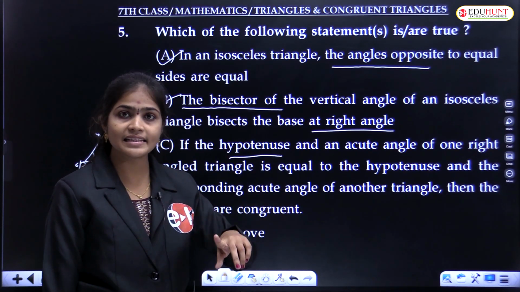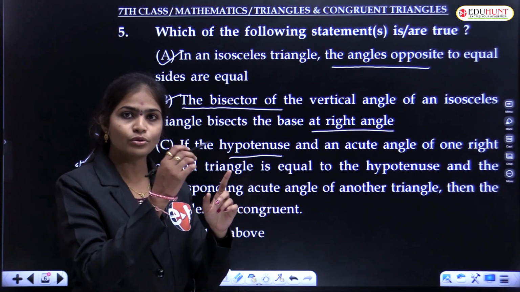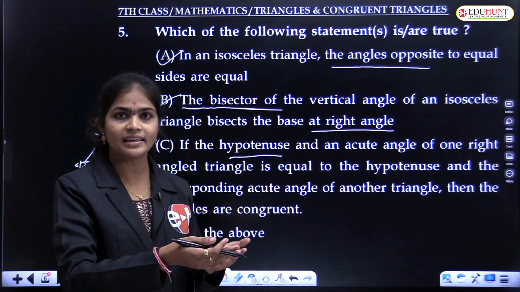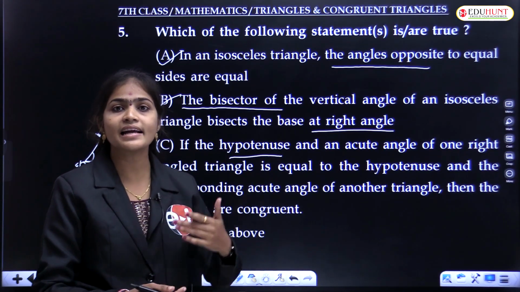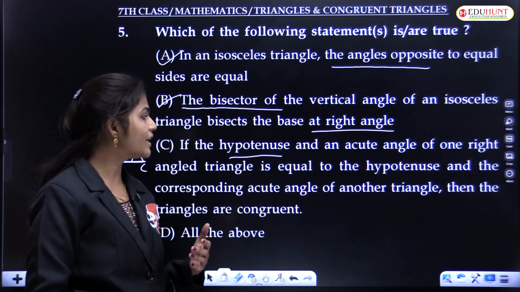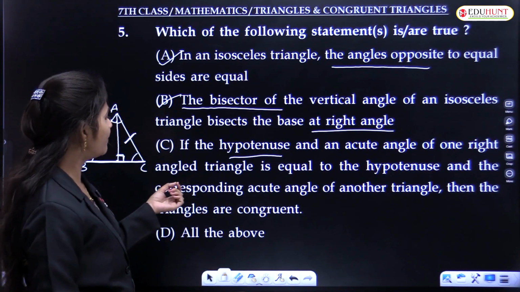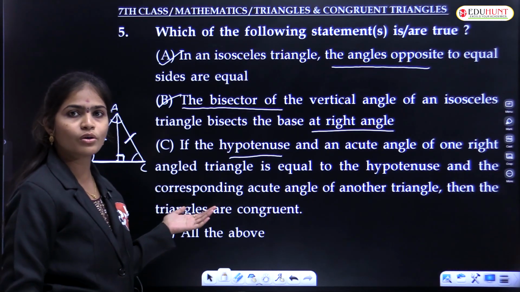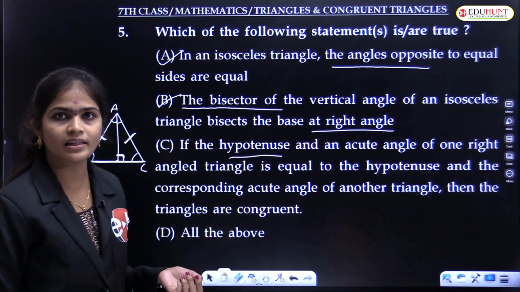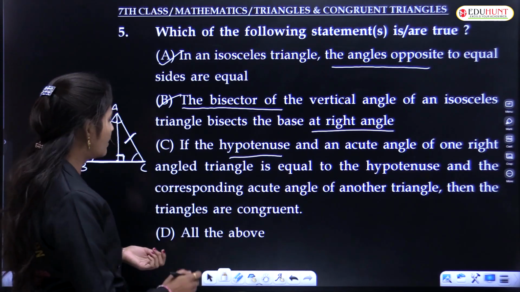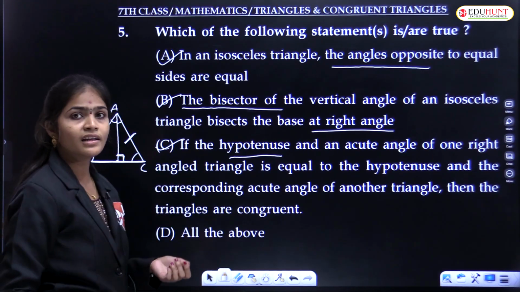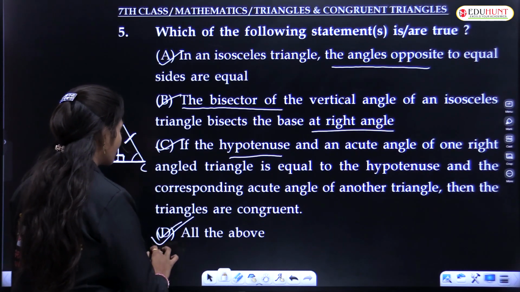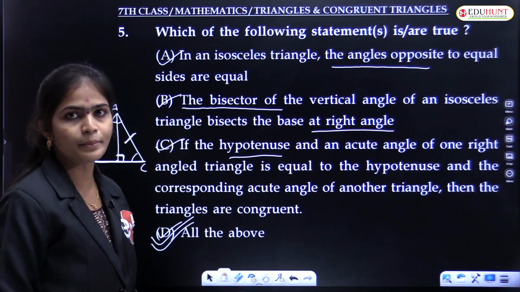According to RHS, they have the same hypotenuse, 90 degrees equals 90 degrees, and in the same way another side of the triangle is also equal, so according to RHS those two are congruent. But according to this one, are these two congruent or not? Yes, congruent only, but not related to RHS. Okay, so this is also satisfying. So these three options are also true, that's why here the answer is all of the above.